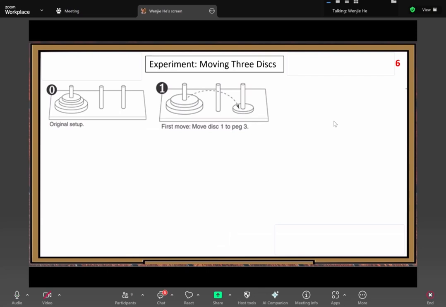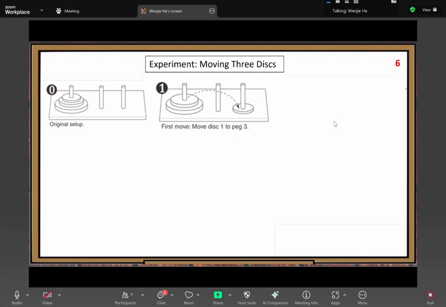Because when people do experiments, if they move to peg 2, later it's better to move it to peg 3. After some experiments and adjustment, we know it's better to use peg 3 as our temporary peg at the beginning.